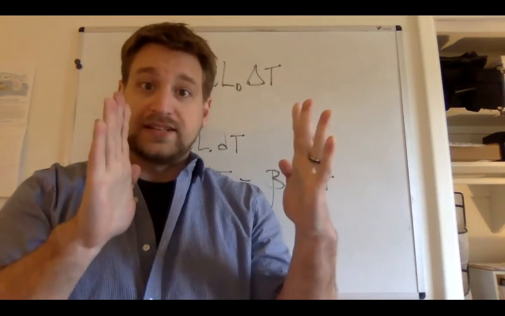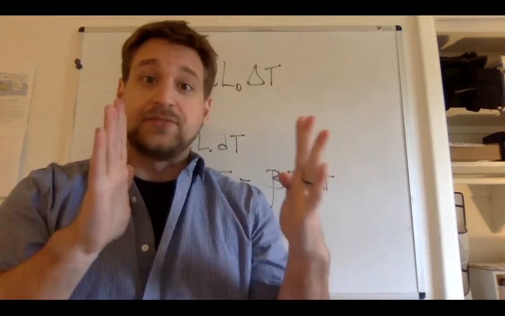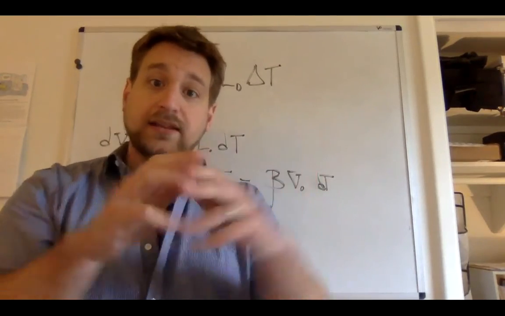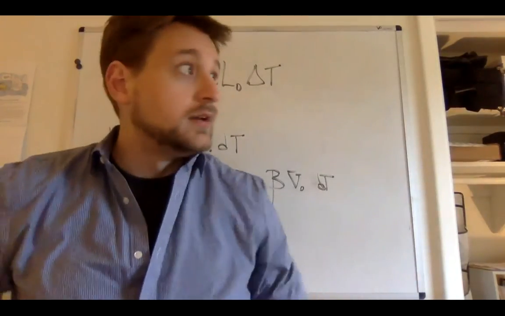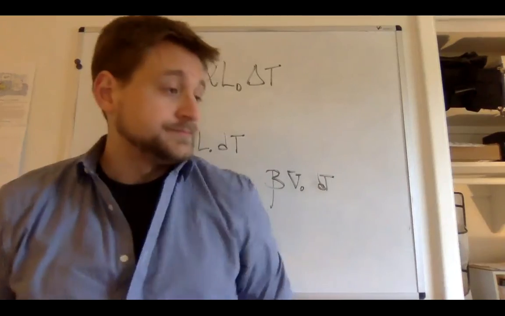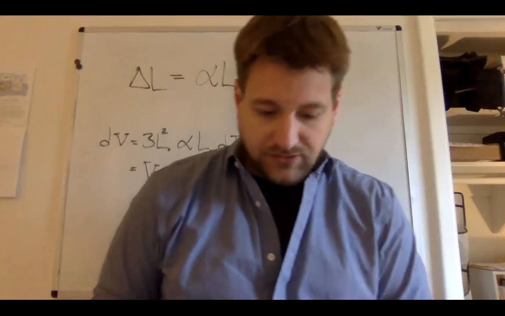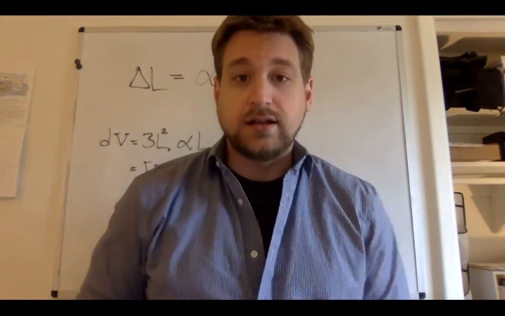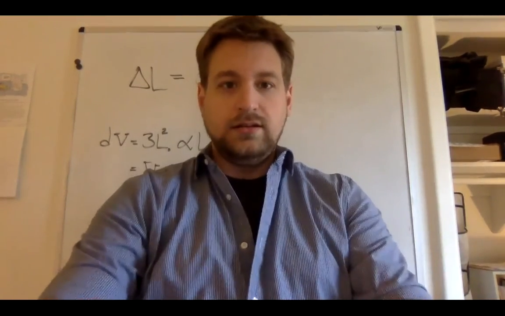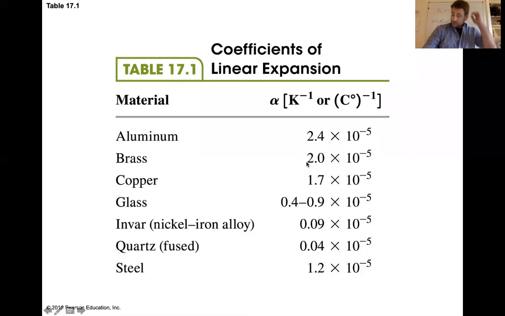But we're not allowing it to do that, so we're subjecting it to compressive stress by clamping it there. So that's a tie back to chapter 11. I'll let you examine that piece on your own. Let's go back to the slides.